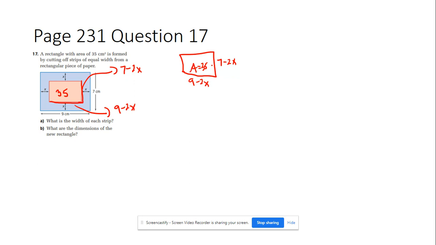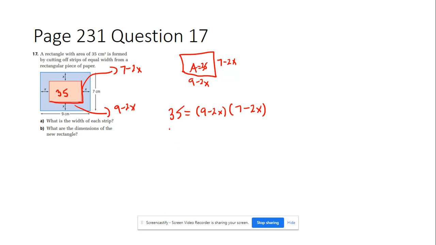The area of a rectangle is length times width. So in this case, we have 35 = (9 - 2x)(7 - 2x). Now we need to expand this, bring the 35 over, and solve from there.